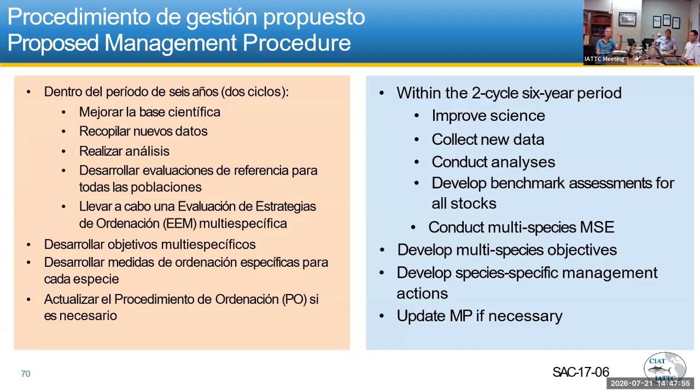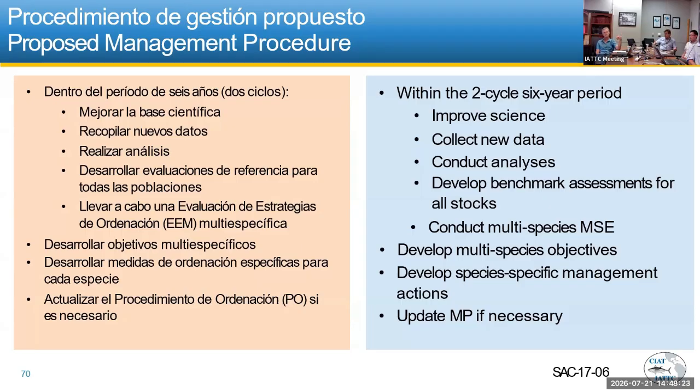And so within the 2-cycle 6-year period, we'd improve the science. So that's collecting new types of data to greatly reduce the uncertainty in the stock assessments, and do benchmark assessments to base new multi-species management strategy evaluations on.